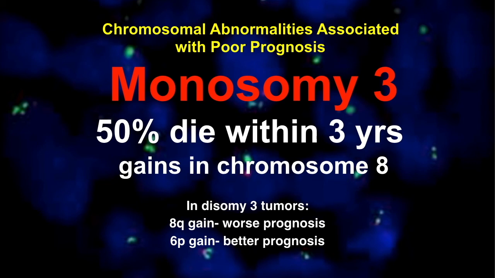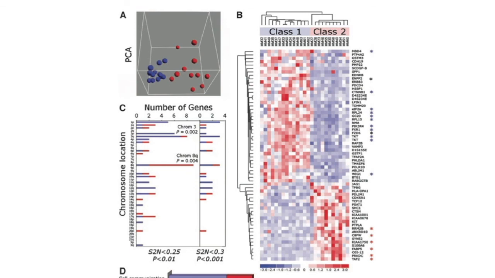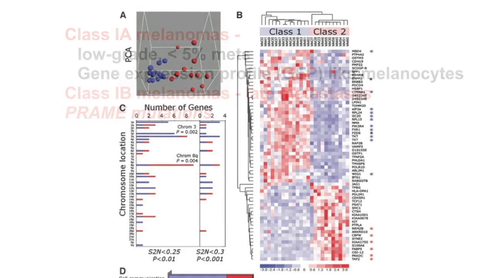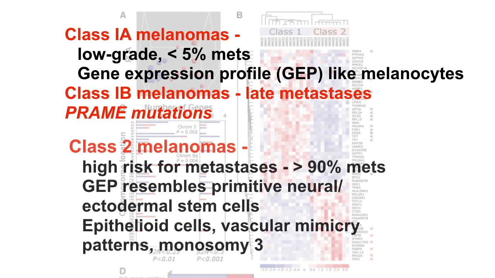Important molecular markers for prognosis in uveal melanoma include non-random chromosomal abnormalities, such as monosomy 3, and gene expression profiling, which has identified several classes of uveal melanoma that differ markedly in their behavior and prognosis.